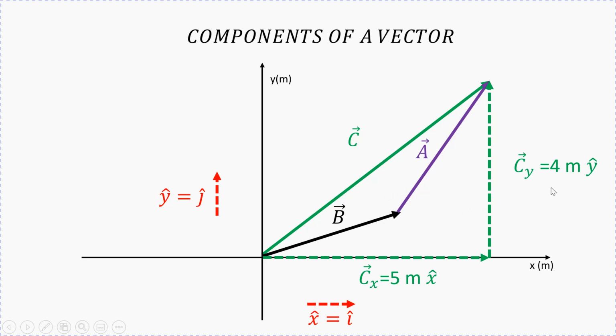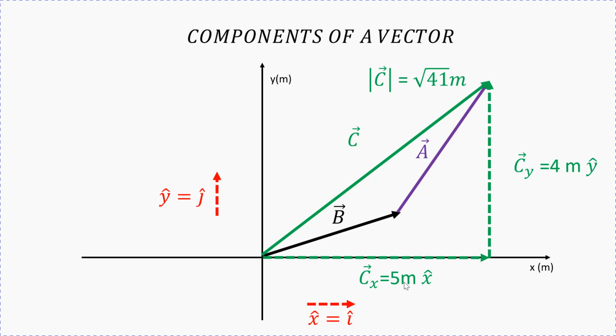But the other way is just by using the components of the vector. 4 squared is 16, 5 squared is 25, 16 plus 25 is 41. Square root of 41 meters. Okay, simple enough.